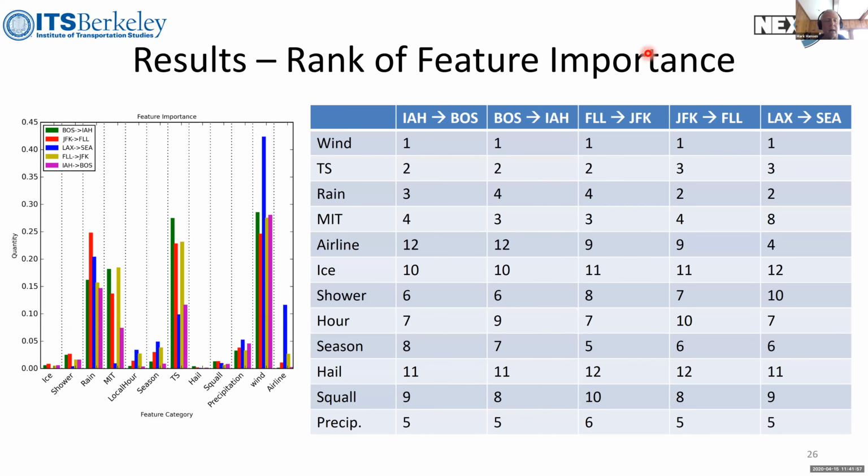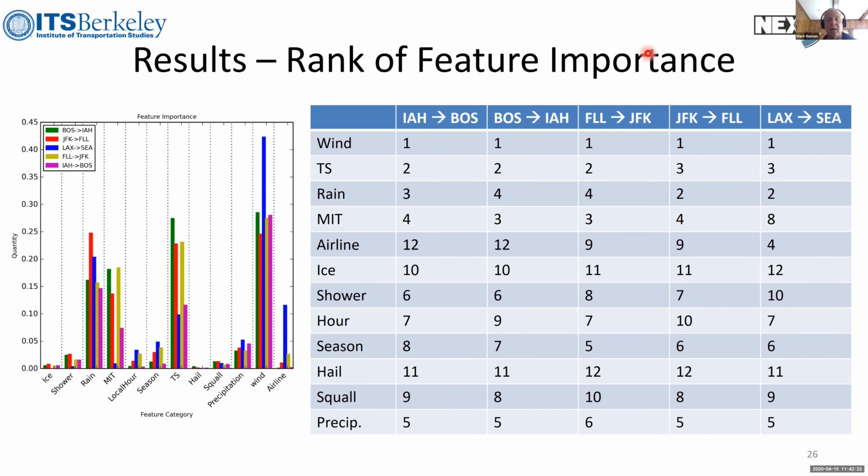Finally, this is actually based on another analysis that we did, but it summarizes how important these different features that we look at are in determining which route a particular flight takes. And we see quite a bit of consistency here in terms of the relative importance.